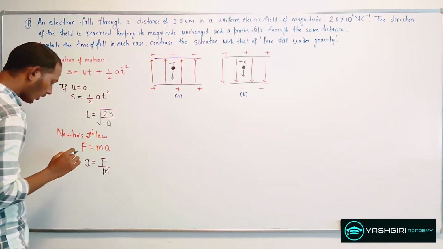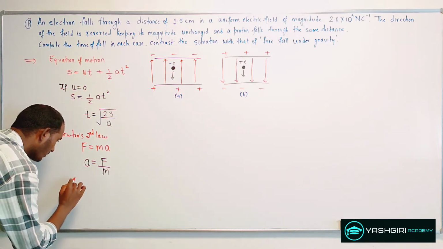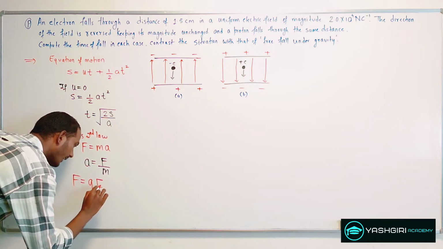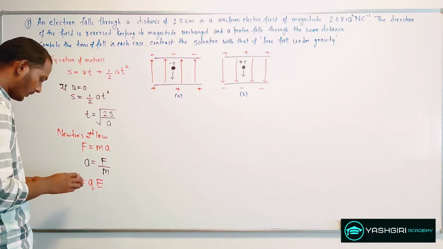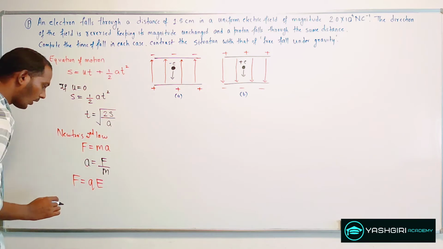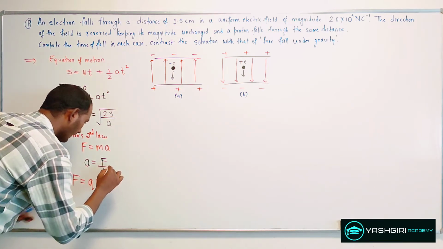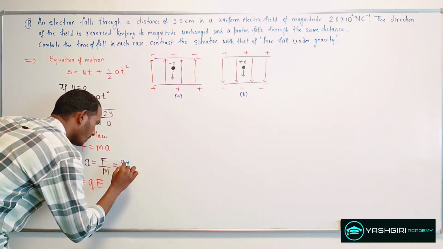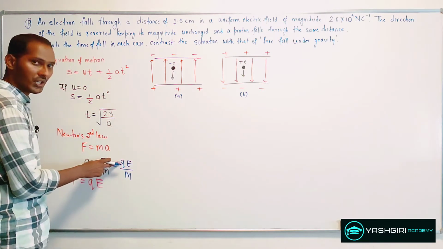Now here, another expression we know from today's class: the force is equal to the charge into the magnitude of the electric field. If I substitute this expression, the acceleration is q into E by the mass of the electron, where q is the charge.